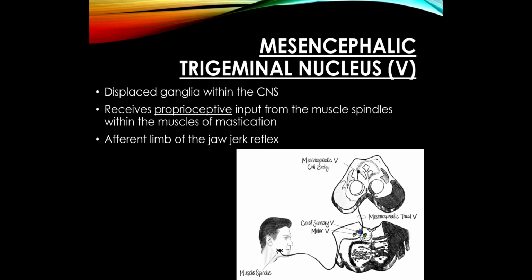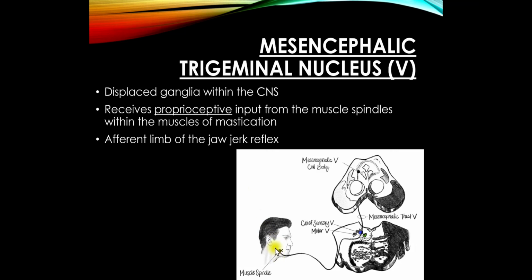And so just like when you think of checking the patellar reflex, where you stretch the tendon and that then activates via the dorsal root ganglion an anterior horn cell that goes back to the muscle, like the quadriceps muscle. This is the same function of the mesencephalic trigeminal nucleus, but now it relates to the face.